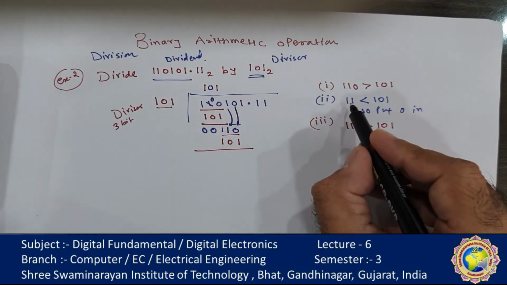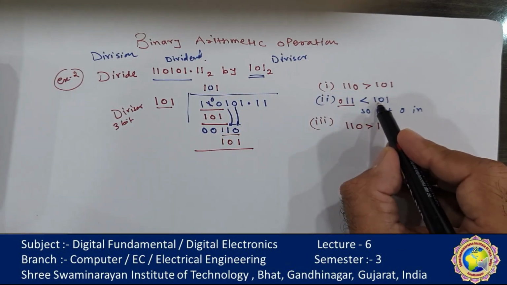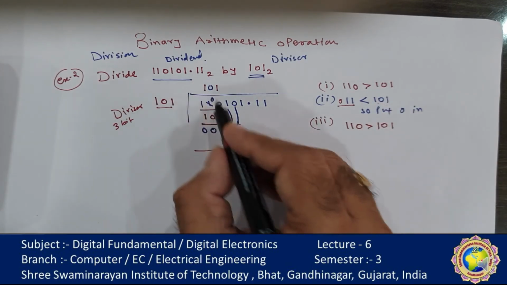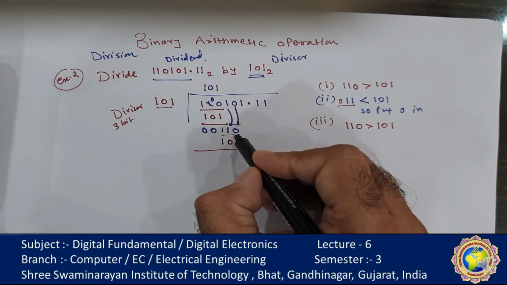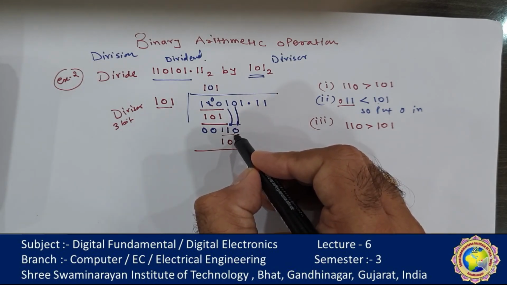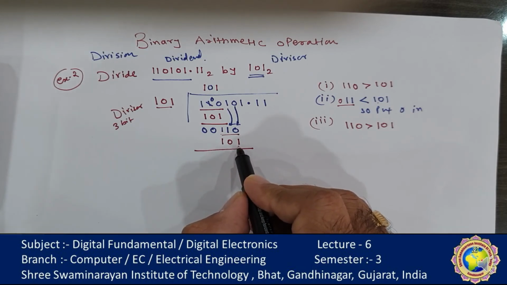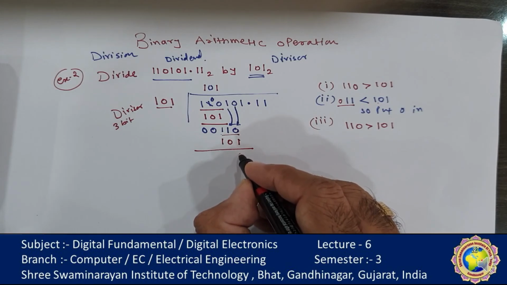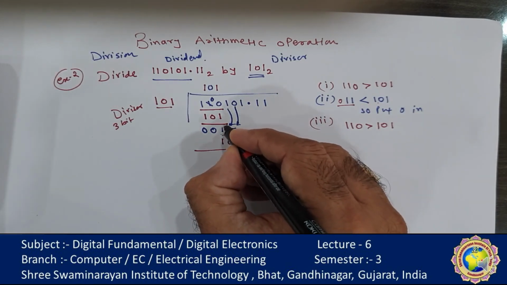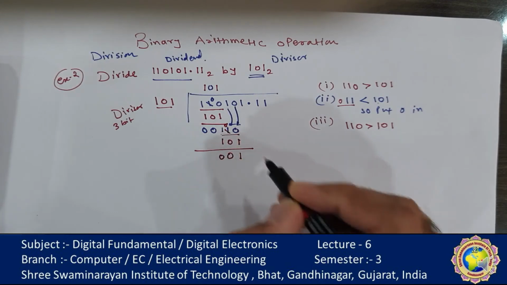Because there are only 2 bits, this 10, but it is less than 101, so we cannot subtract it. So we put 0 and take one more bit downside. So now we get 110, and it can be easily subtracted from the divisor. So put here 1. Again 0 minus 1, the difference is 1 and take borrow. 0 minus 0 is 0, 1 minus 1 is 0.